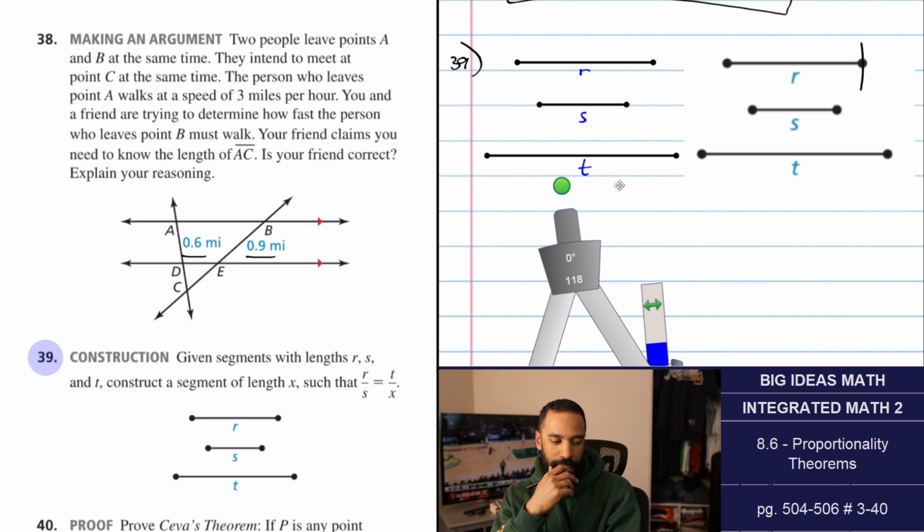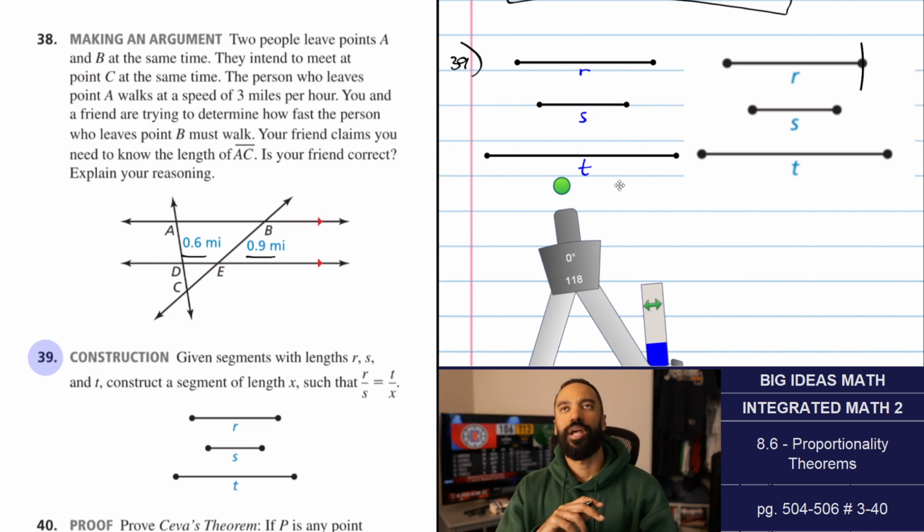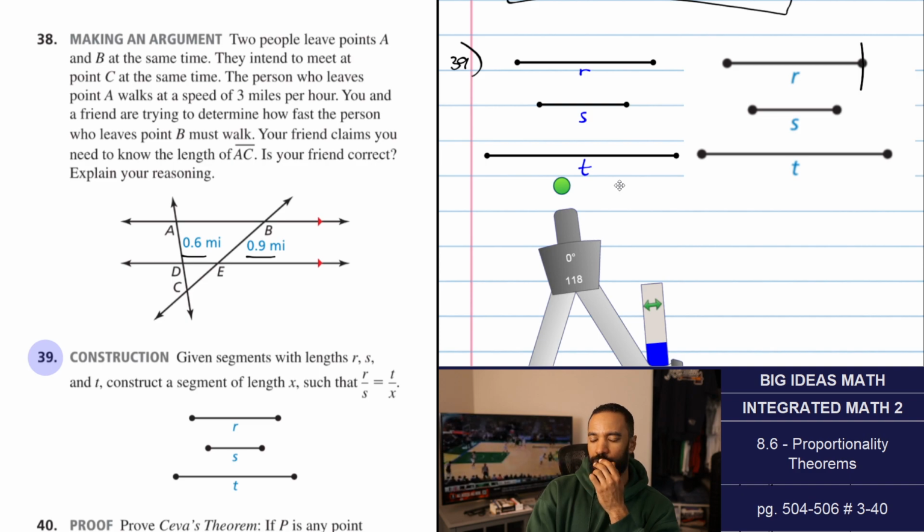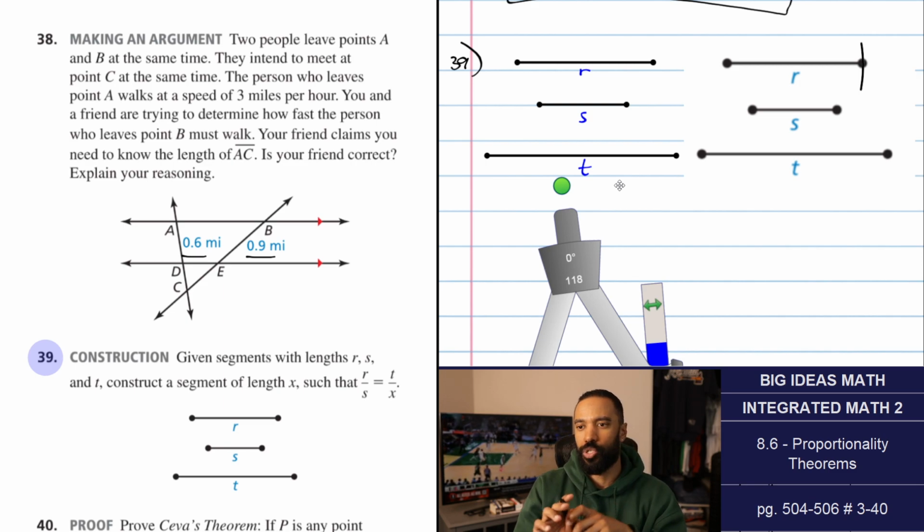Although I wonder if... Wait, hold on. I'm trying to think if I can do the angle bisector one, and if I need to make an angle bisector first, because I don't know how long these would need to be for it to actually fit in that way. If not, I'm going to do the triangle proportionality theorem one. But R over S equals T over x. Okay, let's do the triangle proportionality one.